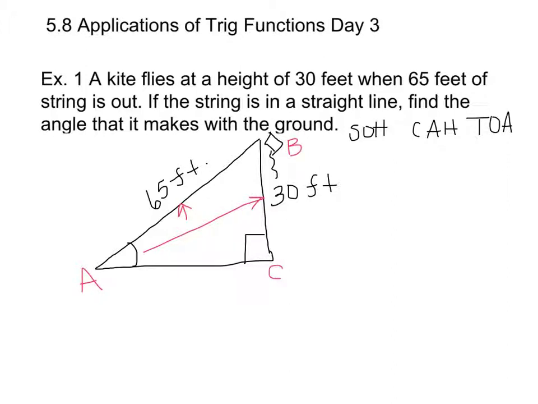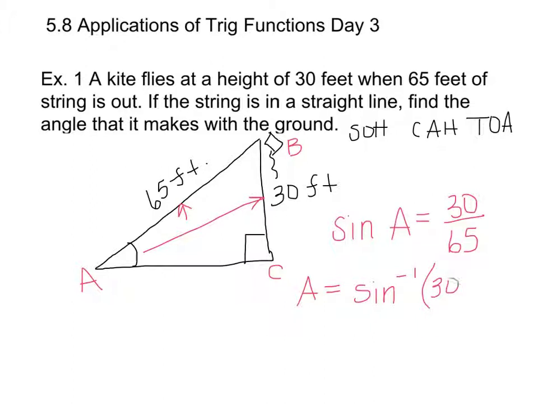So you're going to do sine of A equals opposite over hypotenuse. Since we don't know the angle, to get A in your calculator, you have to do sine inverse, making sure that your calculator is in degree mode.